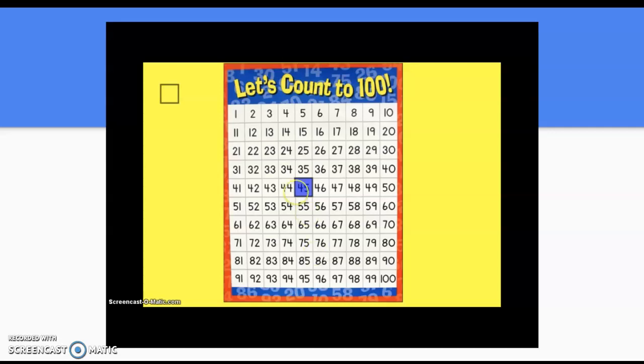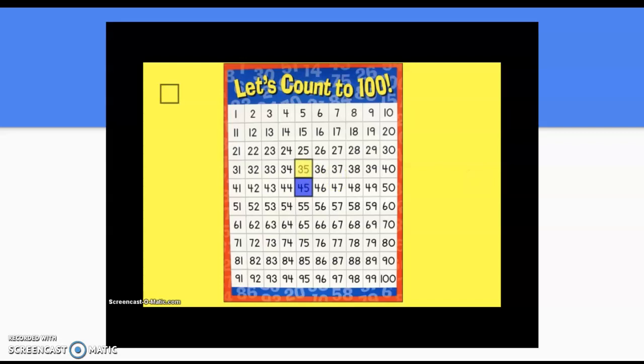Let's try that. Starting at 45, 1, 2, 3, 4, 5, 6, 7, 8, 9, 10. 10 less than 45 would be 35.